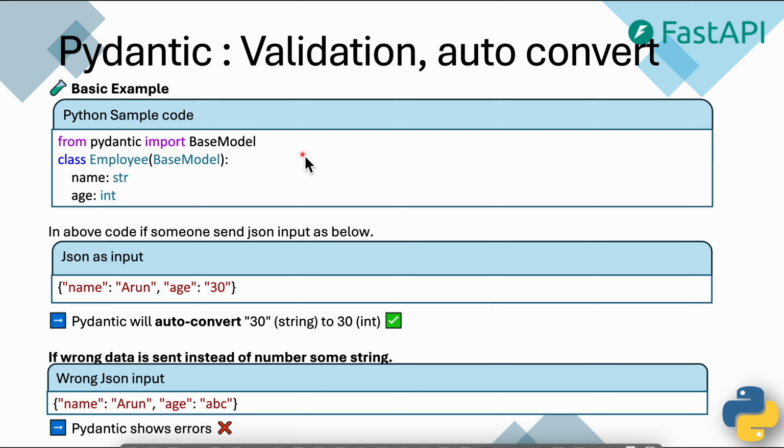In the above code, if someone sends JSON input as below, name as Arun, age as the string 30, Pydantic will auto convert the string 30 to the int 30. If wrong data is sent instead of a number, some string, for example name Arun, age ABC, Pydantic shows errors.